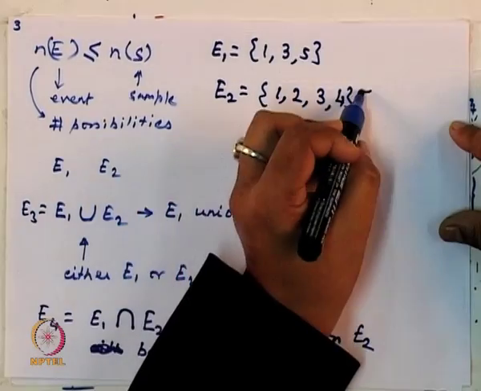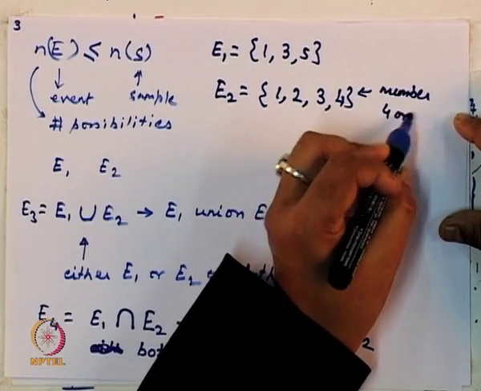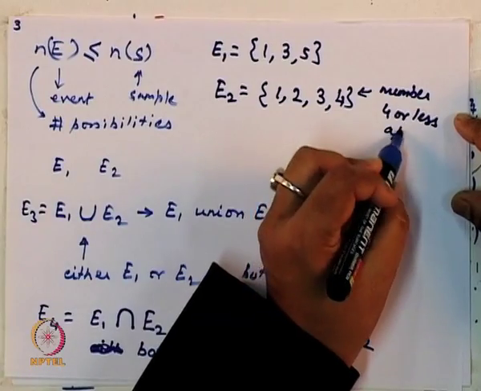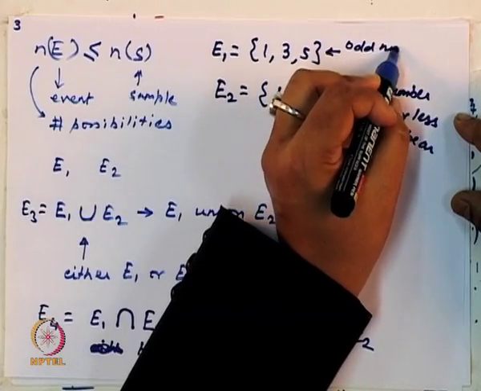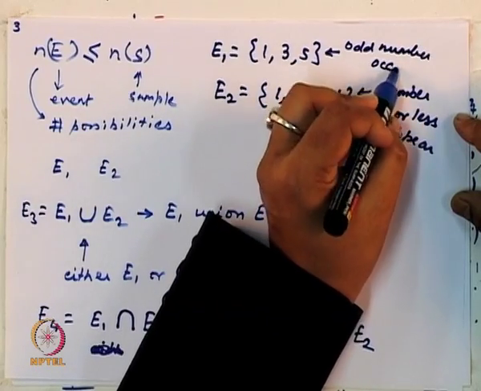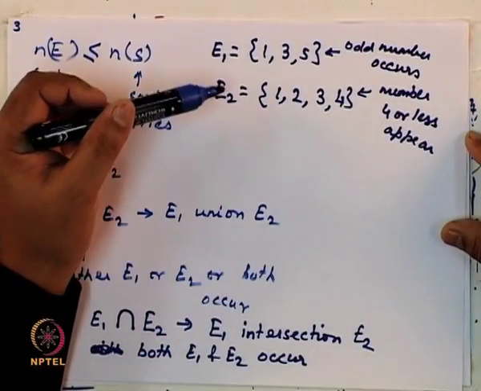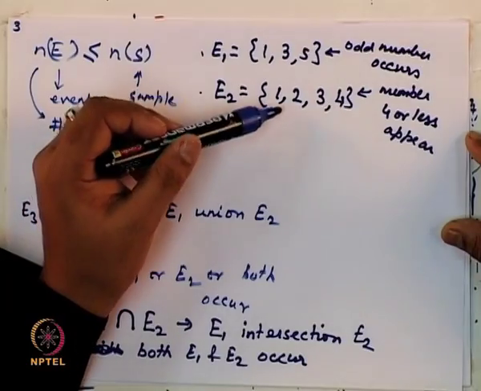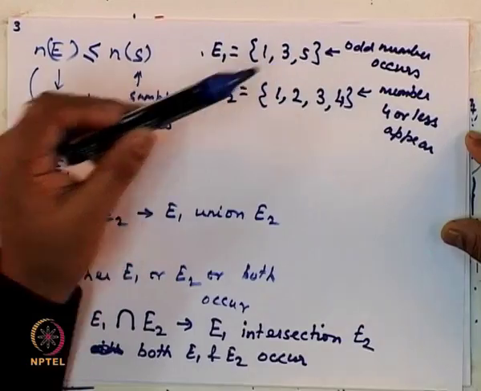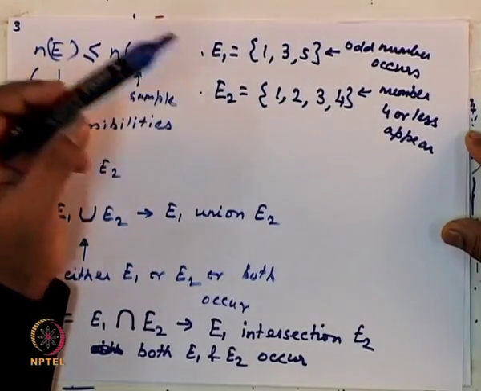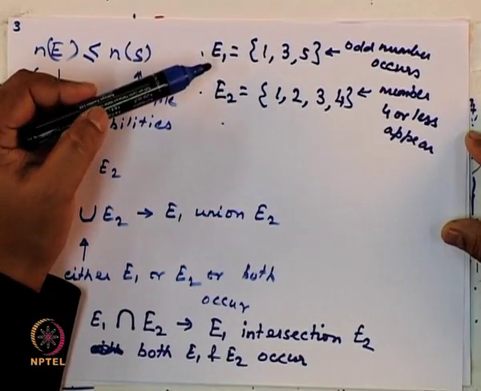So, basically numbers 4 or less occur, and this is odd number occurs. You see there are a few entries which are common to E1 and E2, like 1 and 3. There are some other entries which are present in E1, like 5, which does not appear in E2, and vice versa. Similarly, the numbers 2 and 4 appear in E2, but not in E1.